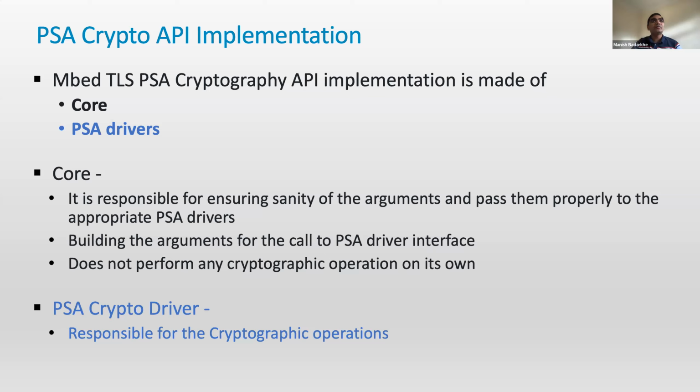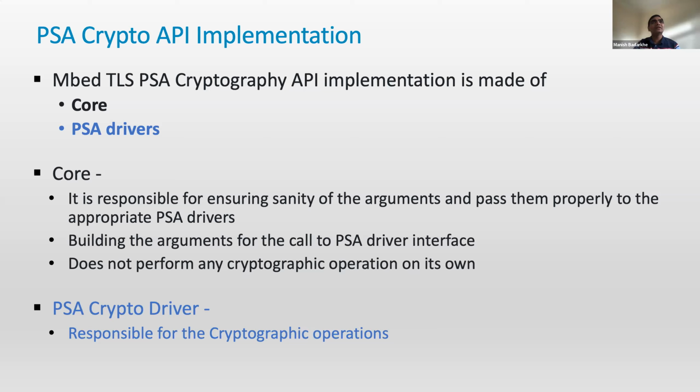But this core part does not play any role in doing any cryptographic operation. The second part dispatches all the arguments to the driver interface, and this PSA crypto driver does all the cryptographic operations.